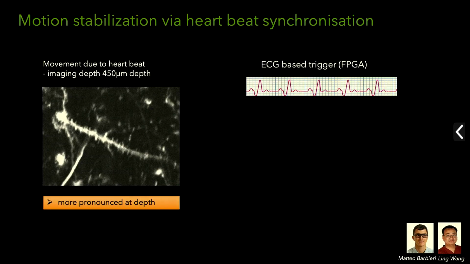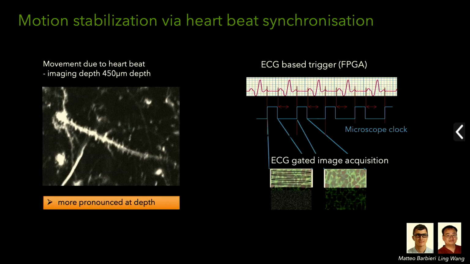So we decided to tackle this problem by recording the ECG signal from the mouse, and then to program an FPGA to synchronize the scanning of our microscope to the ECG signal, so that the images would only be acquired during the resting states of the heart, so when there was no active tissue motion due to heart pulsation.